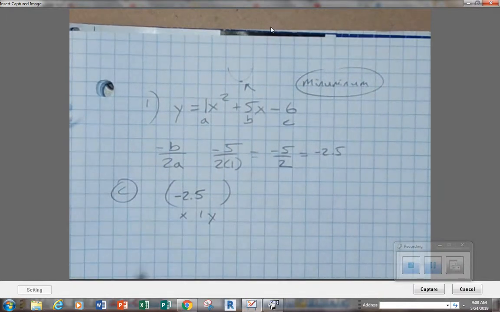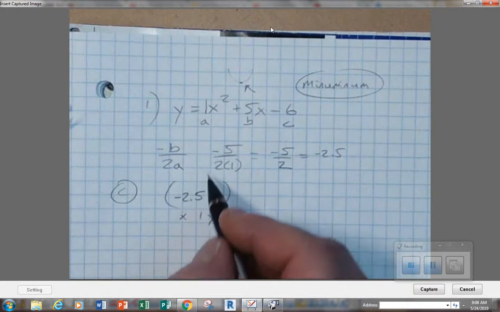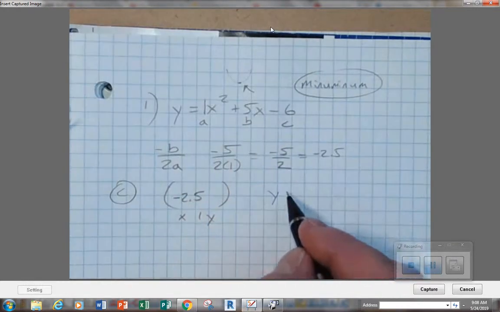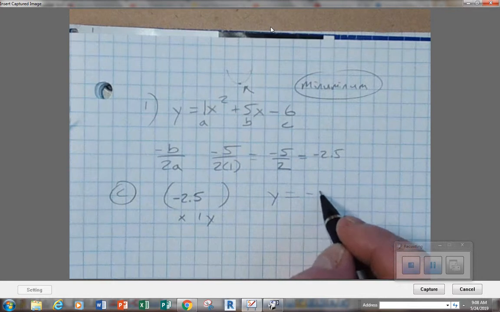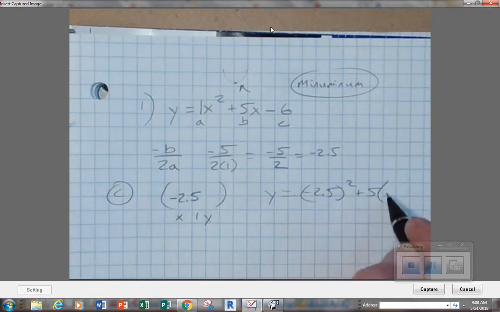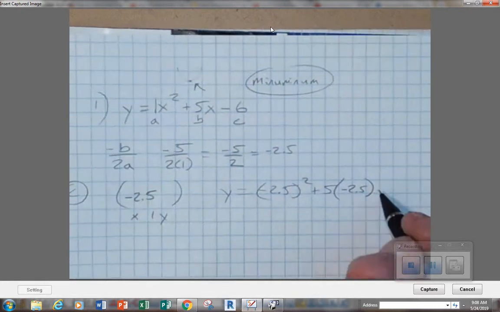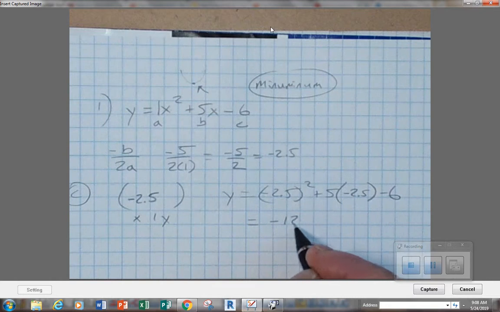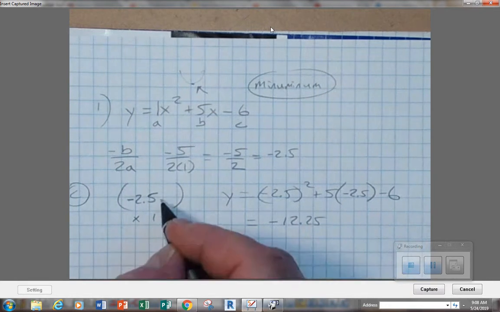But then you could take that and plug it in to find your y coordinate. If I take negative 2.5 squared plus 5 times negative 2.5 minus 6, that's going to give me negative 12.25.